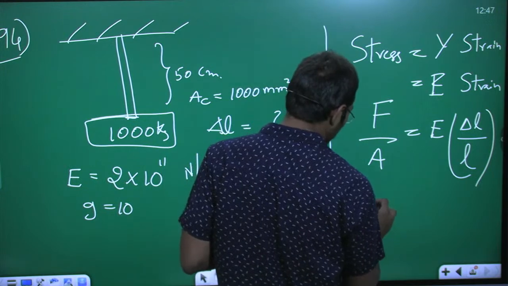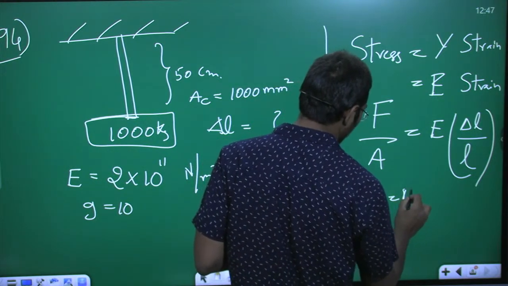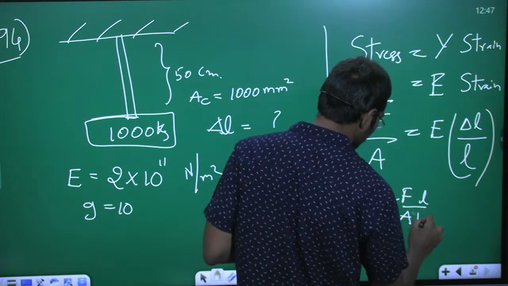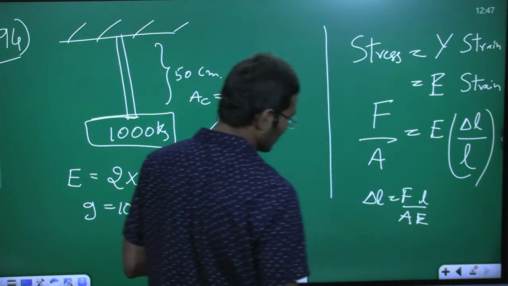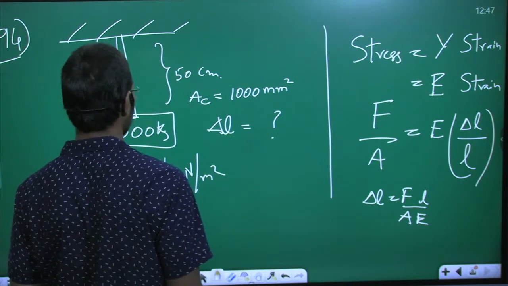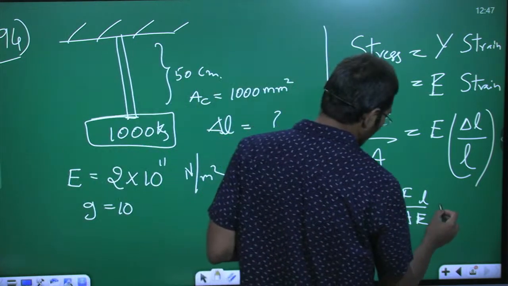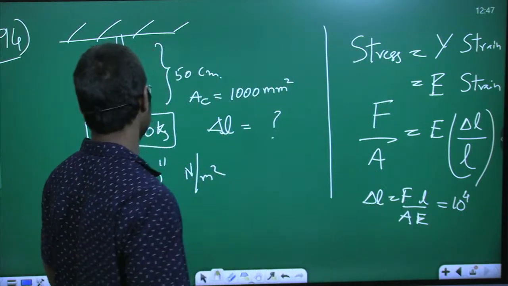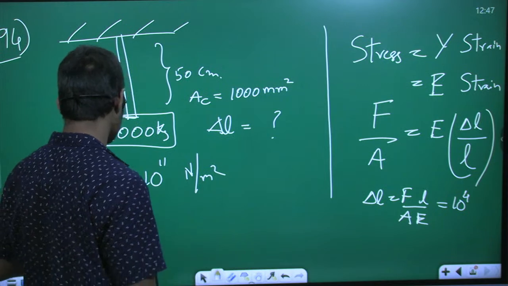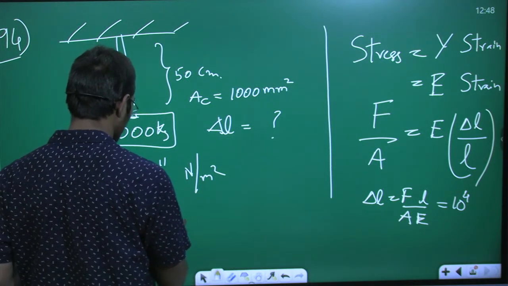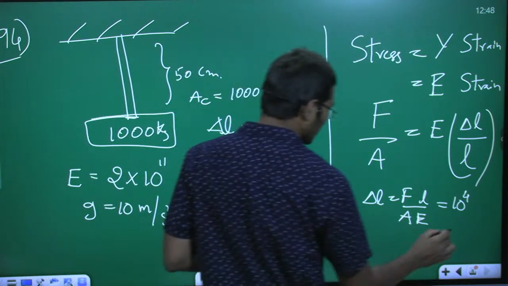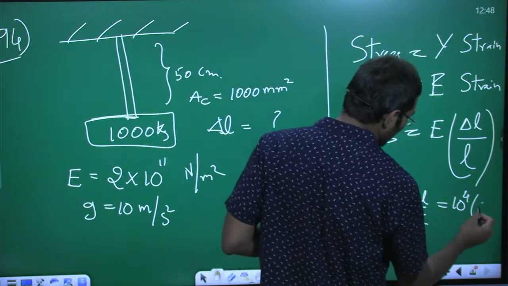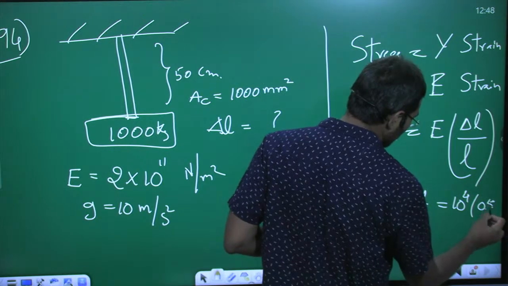Delta L is equal to F L by A. So what is F? Weight, 10 power 4. Directly I am writing M into g, 1000 kg into g meters per second square, where length L is equal to 50 centimeters. I am writing it in meters, 0.5 meters.